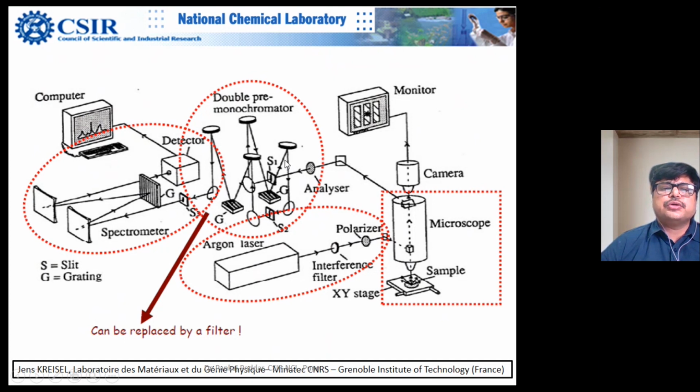You can go to extremely low phonon modes, because you are using very high quality gratings here. So you are dispersing. There are two kinds of double monochromators, one additive and another subtractive. Actually, this one is subtractive.